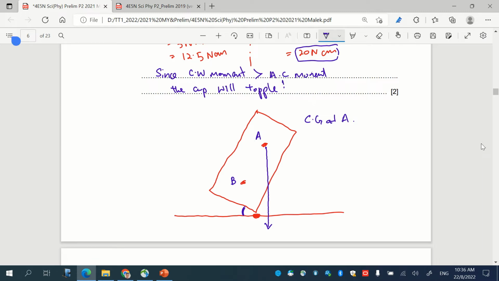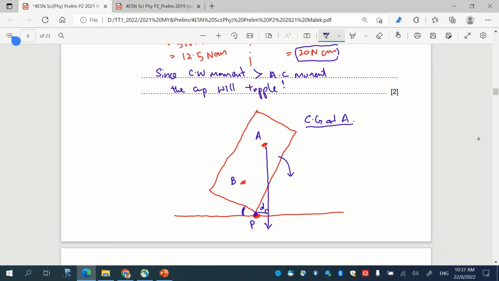We can see that the weight will be on the right side of the pivot point. There is a perpendicular distance to the right. So this will cause a clockwise moment. If the weight is acting on the right side of the pivot point, it will cause a clockwise moment and the box will topple. So how do we answer in this case?